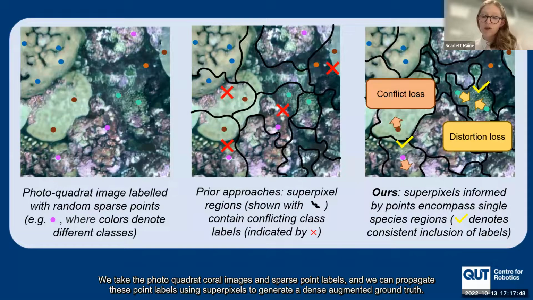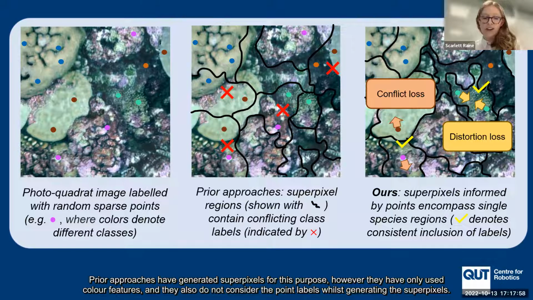We take the photo-quadrat images and sparse point labels and propagate these point labels using superpixels to generate a dense augmented ground truth. Prior approaches have generated superpixels for this purpose. However, they've only used color features and do not consider the point labels whilst generating the superpixels.